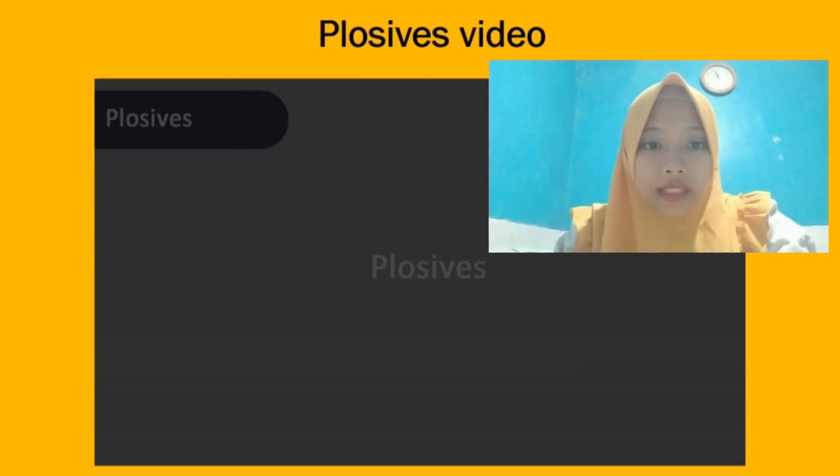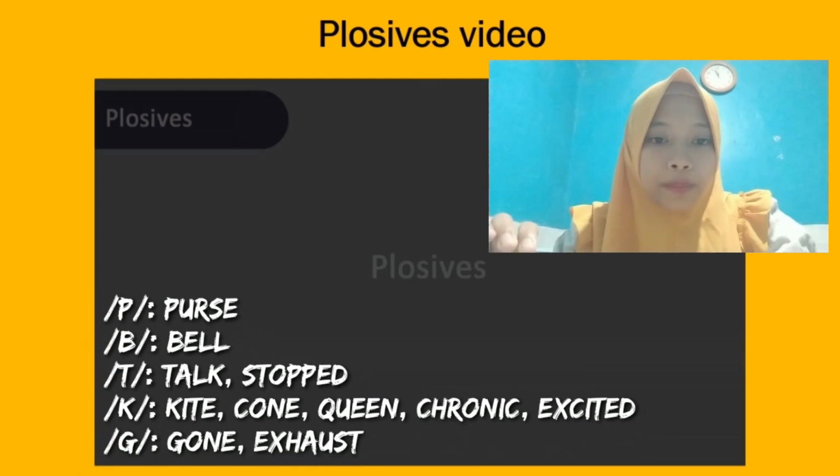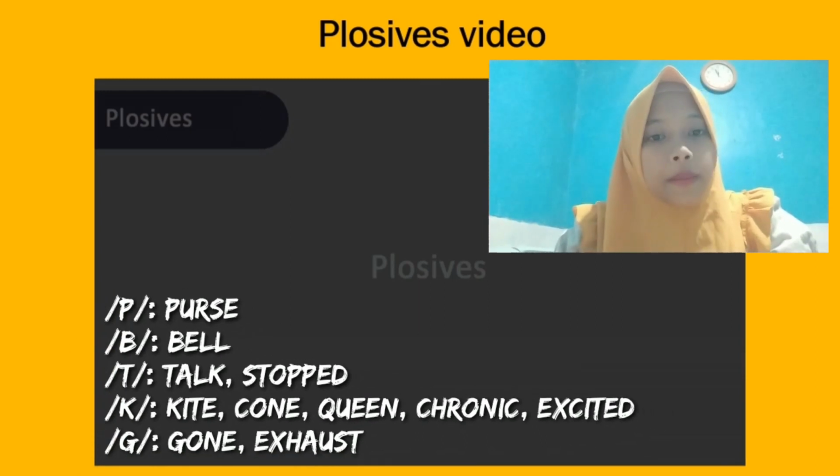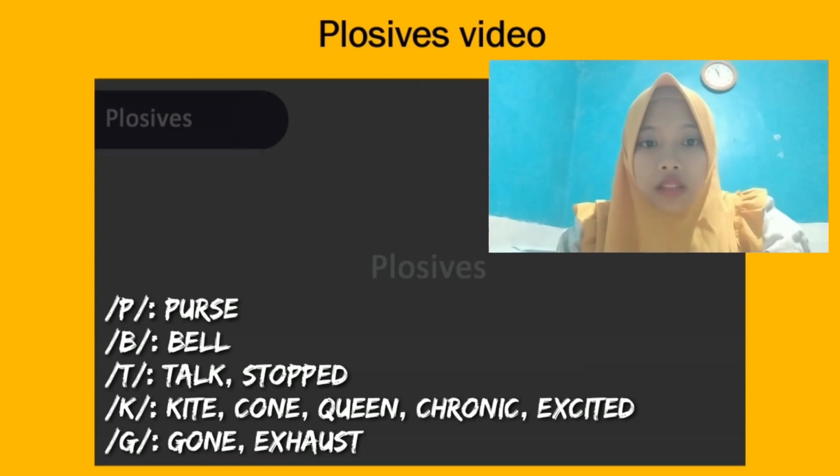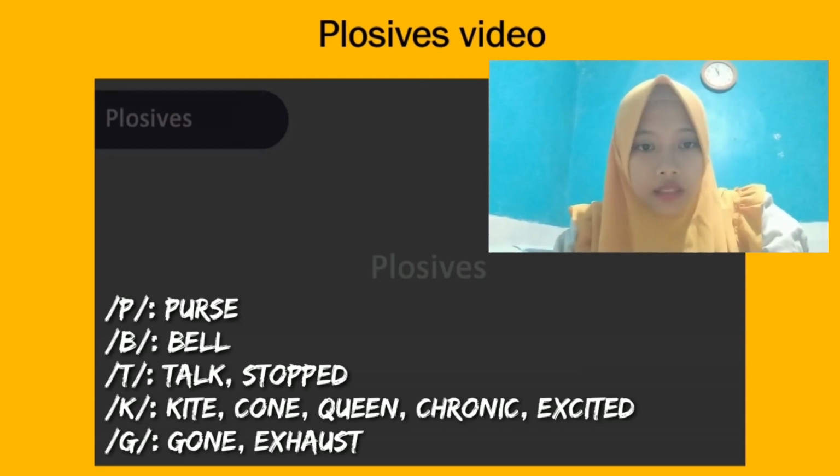Plosive spellings are P as in purse, B as in bell, T as in talk and stopped, K as in kid, can, queen, crowning and excited, and G as in gone and exhaust.